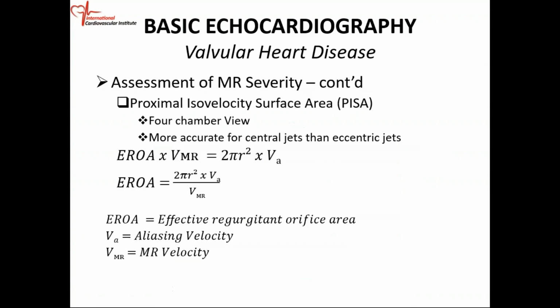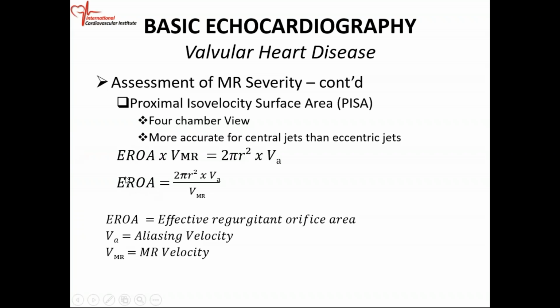All right, so this is saying the same thing. So the regurgitant flow is equal to this, and this is the flow at PISA. Just rearranging the equation, you can solve for EROA. And again, you can determine the severity of the regurgitation by looking at the EROA. If the EROA is a large number, then you have a large regurgitation.